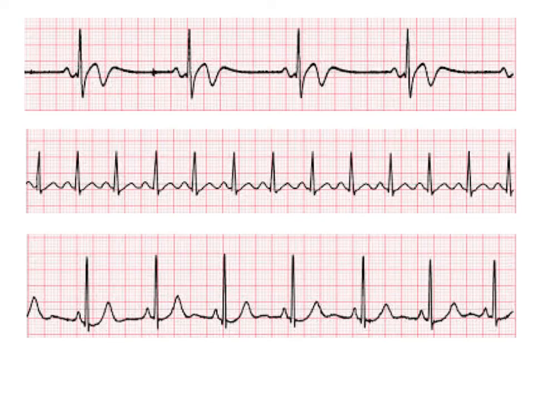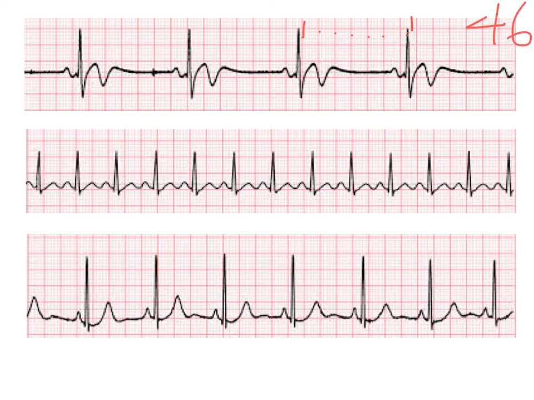If we look at the top tracing, from one QRS to another QRS, we have 1, 2, 3, 4, 5, 6, almost 6.5 large boxes. So 300 divided by 6.5 gives me a heart rate of 46.